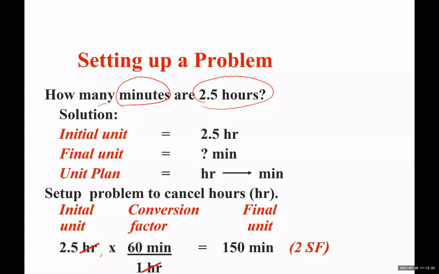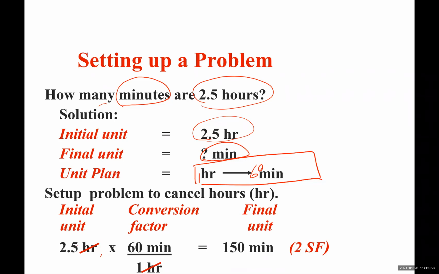So can I say I'm starting with hours, I want to cancel hours and go to minutes. So I need a unit conversion factor. Where do I get the unit conversion factor? I need the relationship between hour and minute. Can I say 1 hour is 60 minutes? That's the relationship.